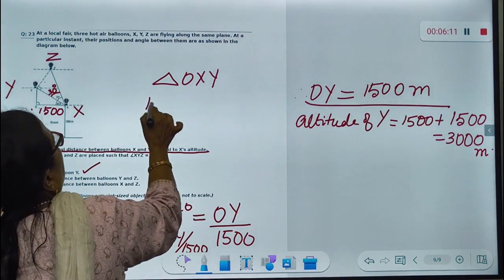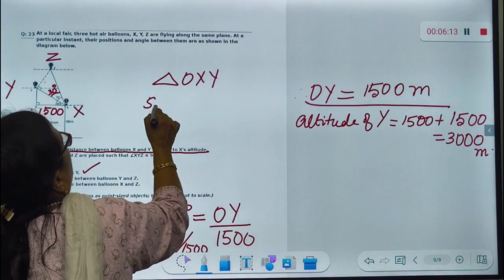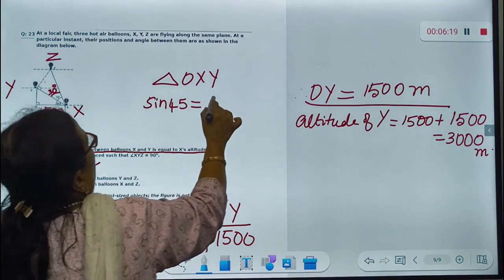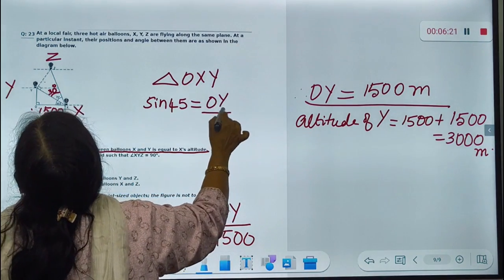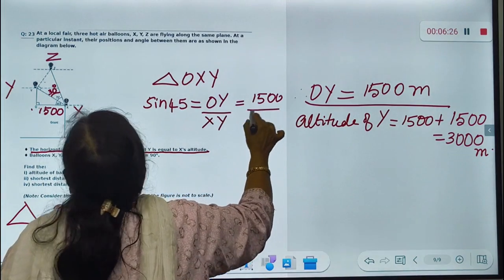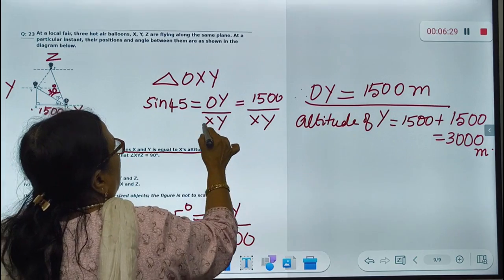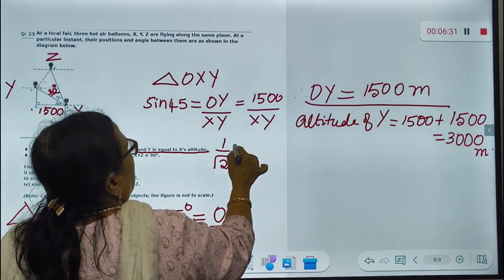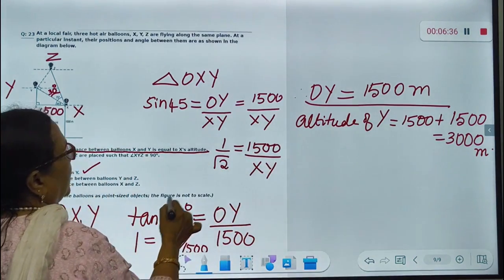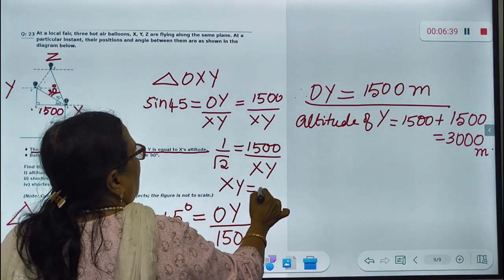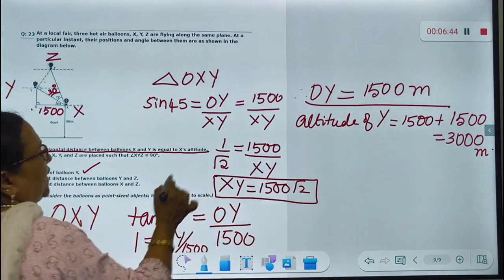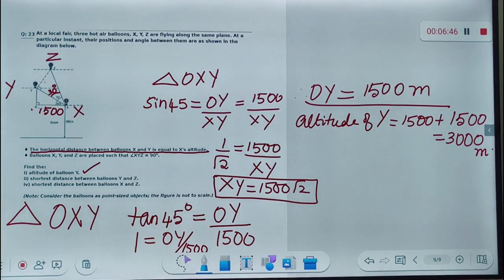Therefore, sine 45 is equal to OY by XY, which is 1500 by XY. So 1 by root 2 equal to 1500 by XY. Okay, so XY is equal to 1500 into root 2. The distance between X and Y is 1500 into root 2.